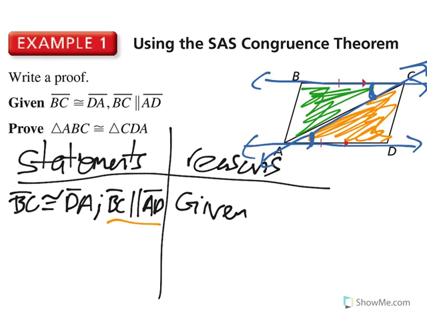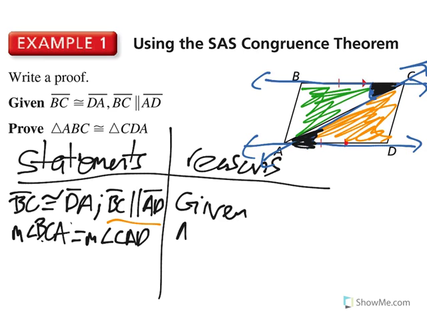So I have the measure of angle BAC, or actually it's not BAC, I had stated that one wrong. It's the measure of angle BCA, because I'm talking about this angle here, BCA. And then my other angle, CAD, would be equal.